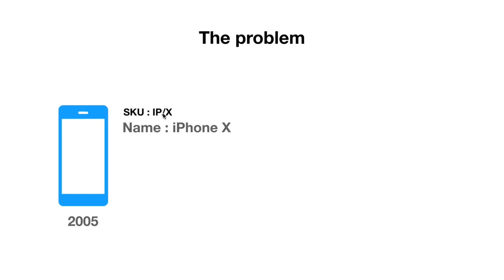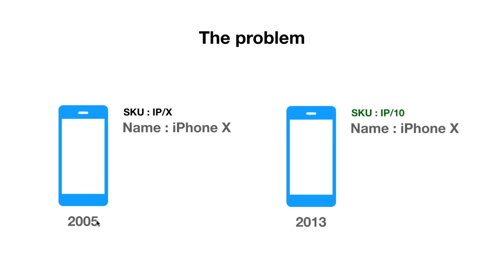But at that time, because the company had quite a bit of history already, about 20 years, a lot of the data had some sort of discrepancy. For example, let's say in 2005, this iPhone X's SKU was called IP/X.